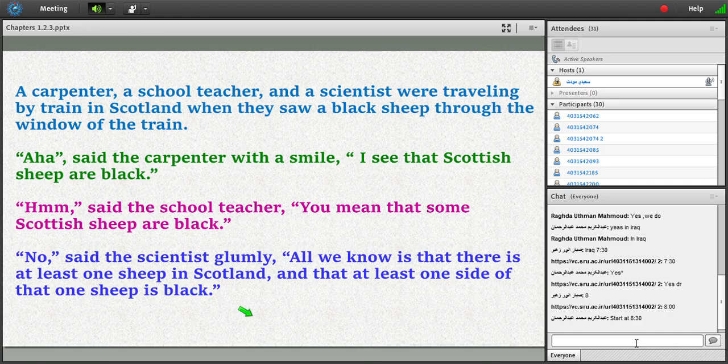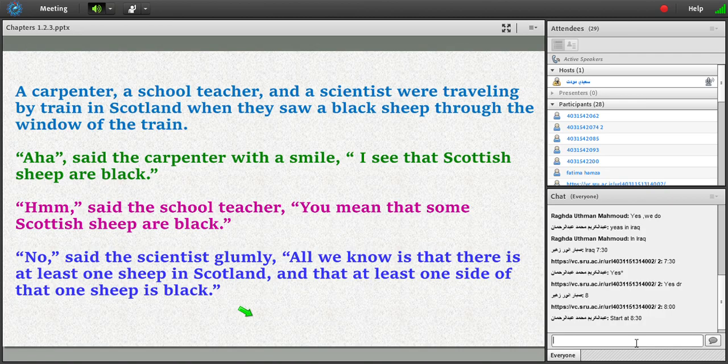Before we start talking about research and scientific research, I would like you to tell me your understanding of this story. What is the difference between the carpenter, school teacher, and scientist? What makes these three people different? They saw the same thing, but they had different ideas.